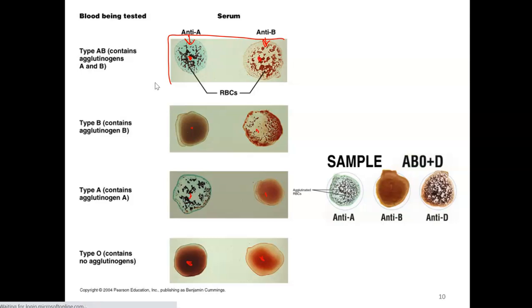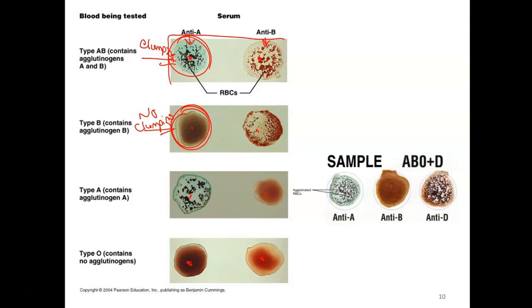So if clumping occurs, you can easily see it if you compare this circle versus this one. The circle on the top has no clumping. This one has clumping, or agglutination, as it's called.